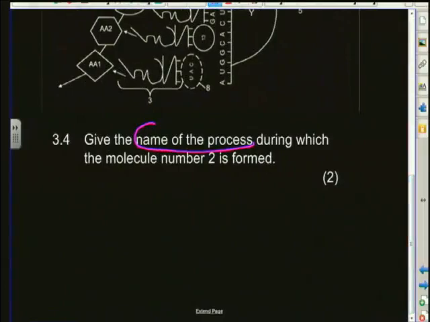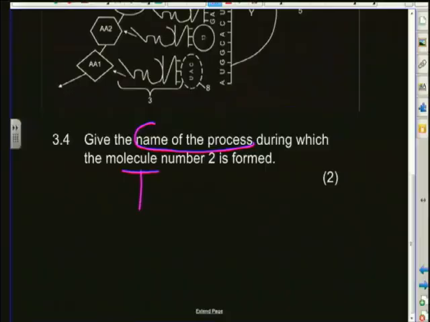Remember, DNA is in my nucleus, and I need to make a protein, all right? And DNA is too big to go out of the nucleus, so it needs to send a messenger, all right? And the DNA is responsible for coding that message, and we call that process transcription.